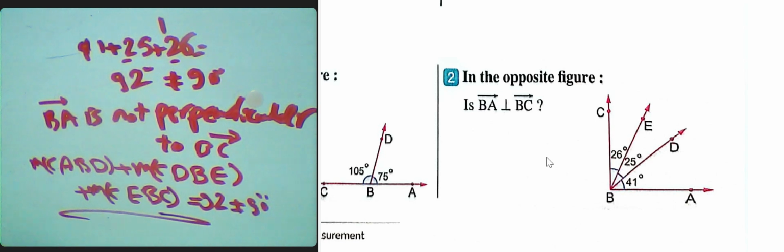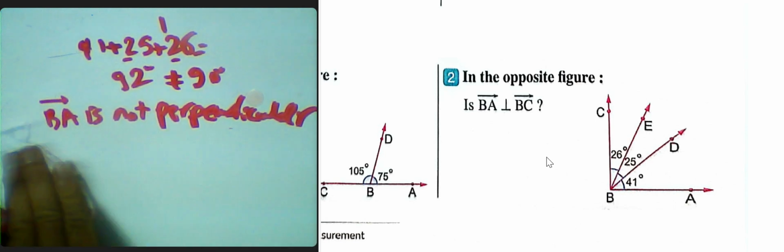Okay, then the ray BE is not perpendicular to the ray BC.